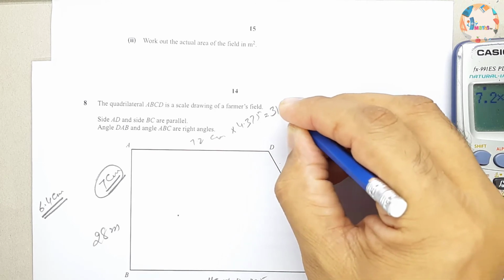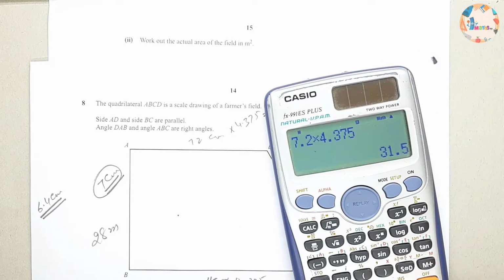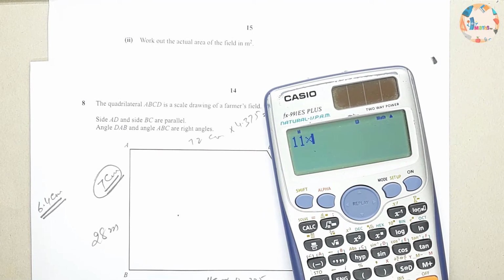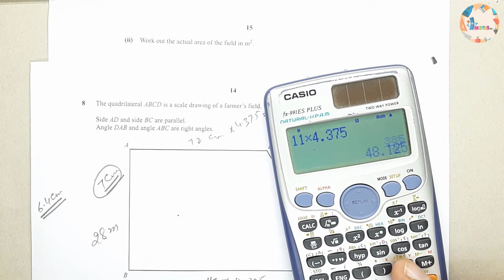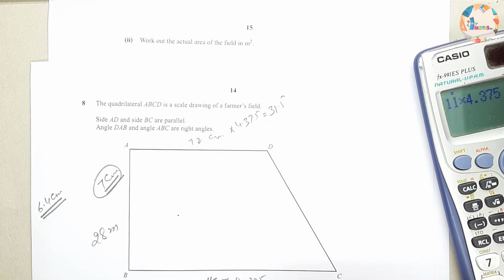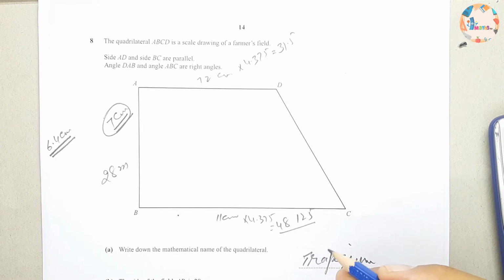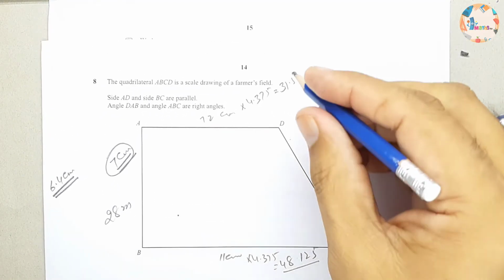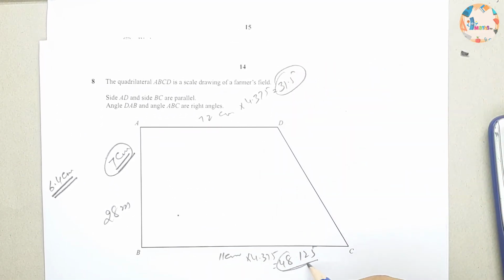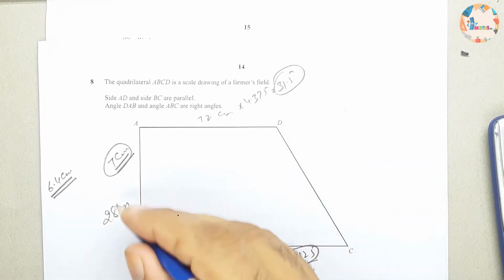This side is 31.5, and this side, 11 multiplied by 4.375, is equal to 48.125.